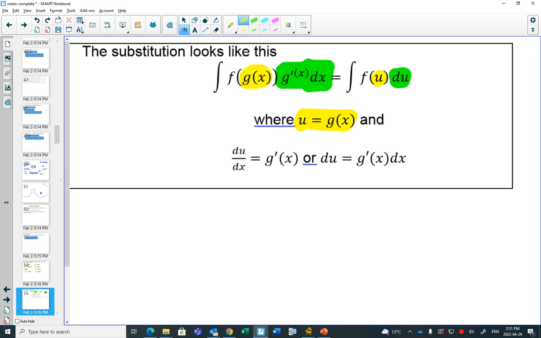It says, okay, if I multiply both sides by dx, then all of this together can be replaced with du. And there's a little bit of hocus pocus there because you took the dx on the bottom of one part and just moved it to the other side. Okay?